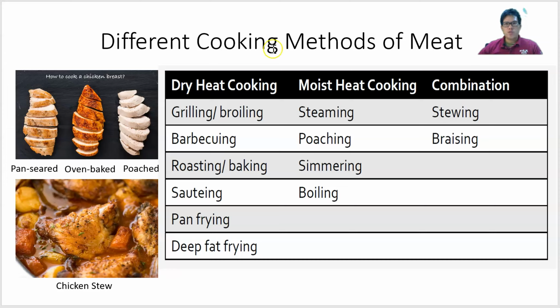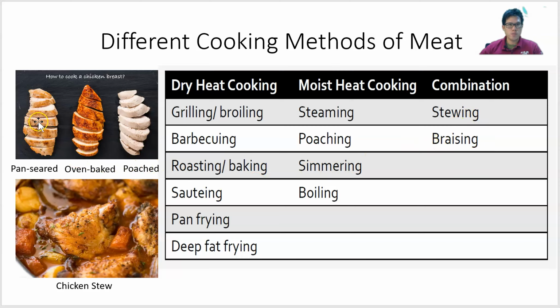So for the different cooking methods of meats, we have dry heat cooking: grilling, broiling, barbecuing, roasting, baking, sauteing, pan frying, and deep frying. Moist heat cooking includes steaming, poaching, simmering, and boiling. Sometimes you can have a combination of those, like stewing or braising.